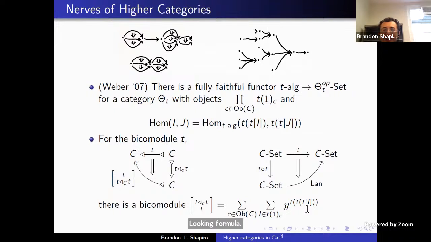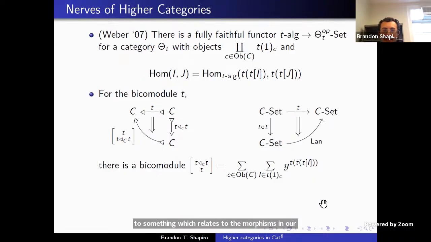In particular, it has as its positions, we would call them, or its operations, just the same ones as T. And now its arities are T of the arities of T. And so we're going to see how we can go from there to something which relates to the morphisms in our category theta T.